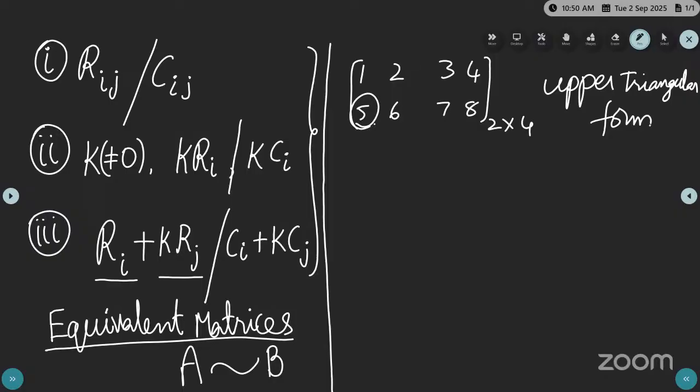By using column transformations, it will be reduced into lower triangular form.